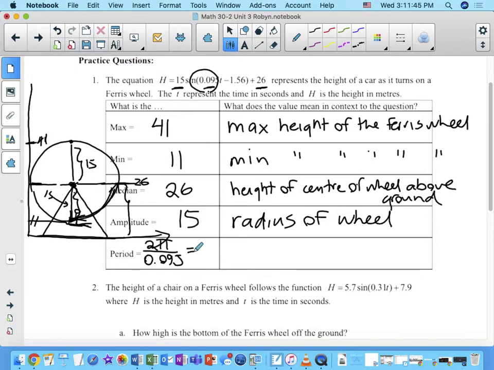And that, does that work out to be 66 point something? 66 point, what? 0.4? Okay. What does that tell us about this ride? Oh, 0.14, thank you. Okay. What does that tell us about this ride?